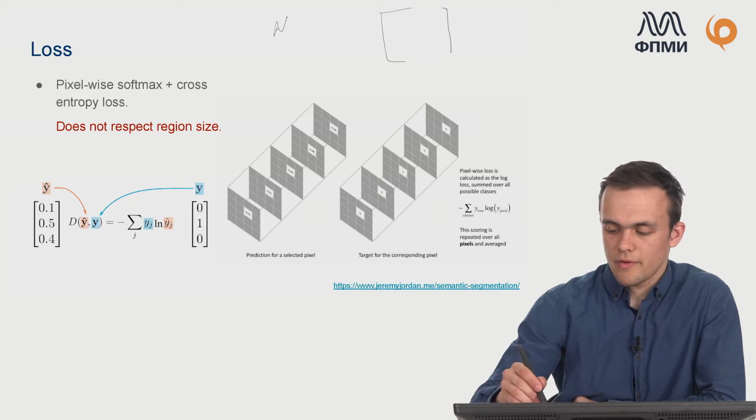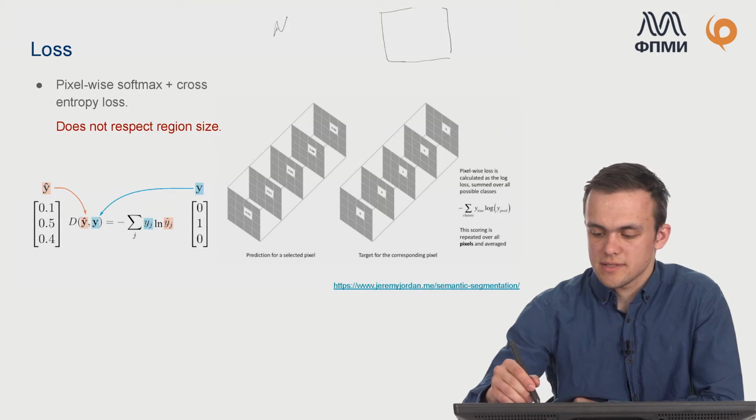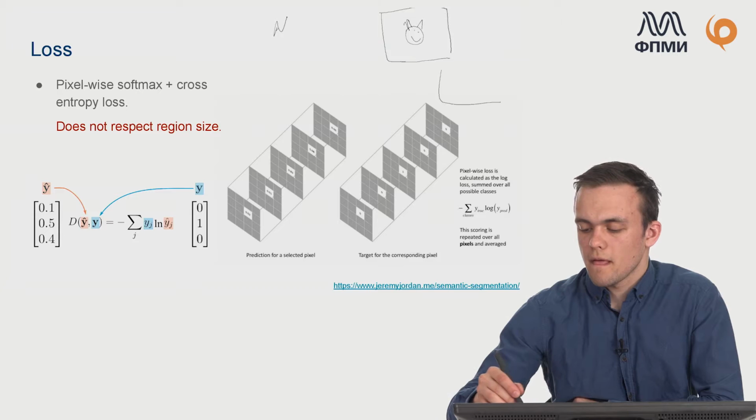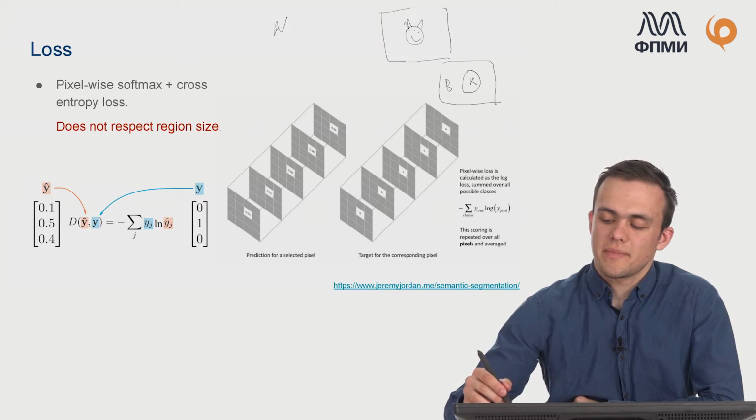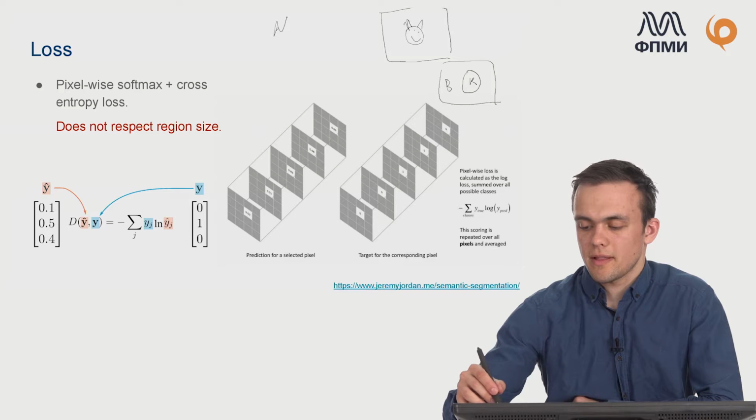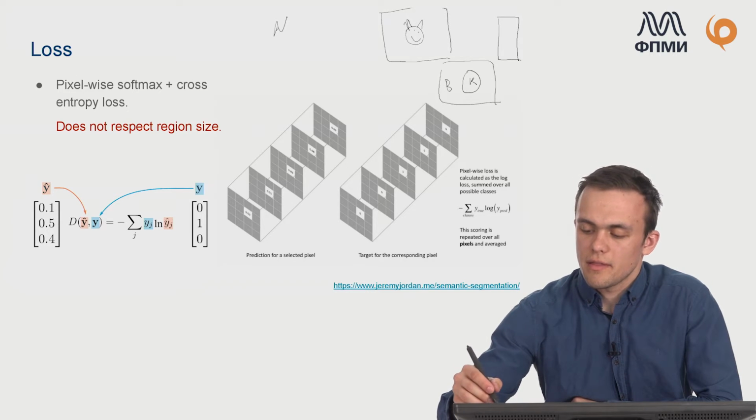So for every pixel of the input image, let's say here is a kitten, for every image we have a mask that says here is the kitten and here is, for example, background. In the database we have something like a table that corresponds.